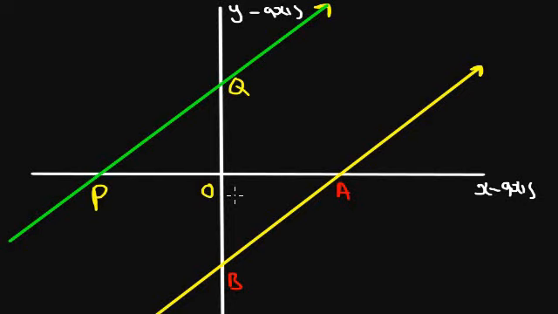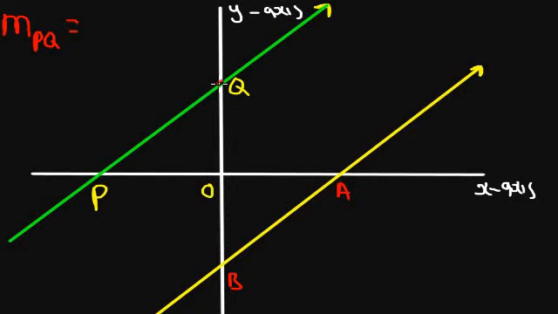Now, how can I find the gradient of the line joining point P and Q? To calculate that, all I need to do is take the ratio of the distance of the line PQ along the y-axis to that of the line PQ along the horizontal axis. And that's going to provide the gradient of line PQ. So let's calculate that. For easy identification, let me label these points.